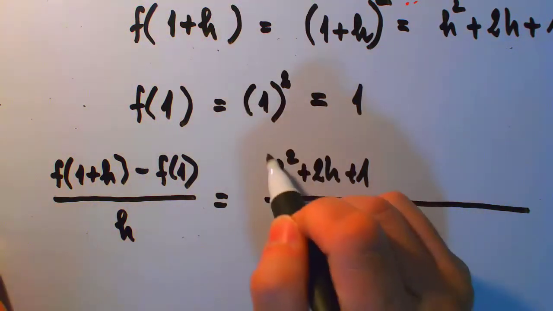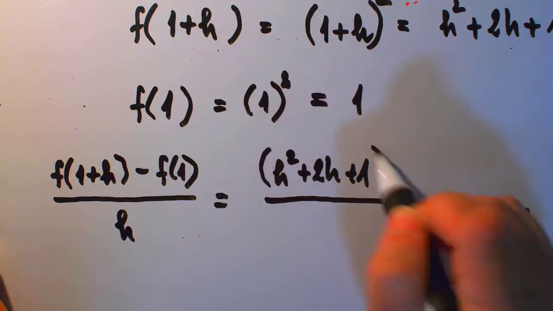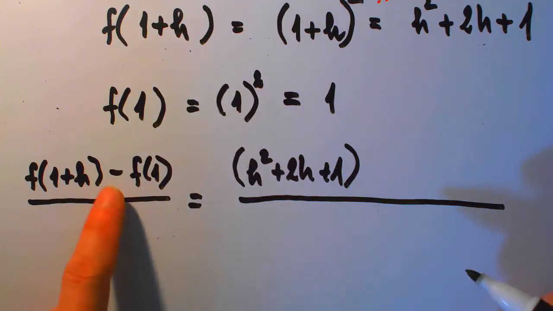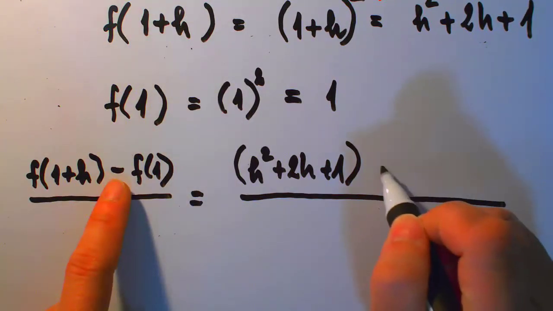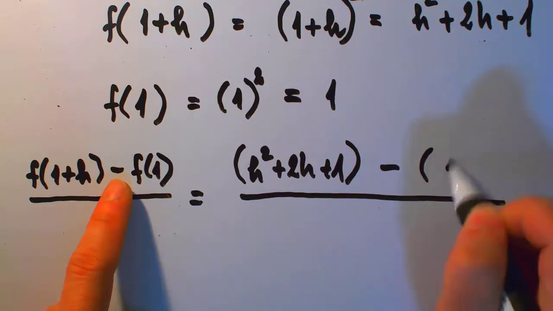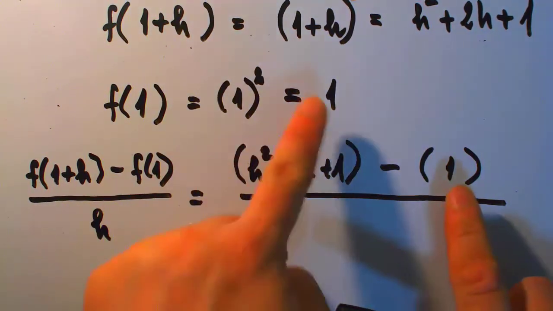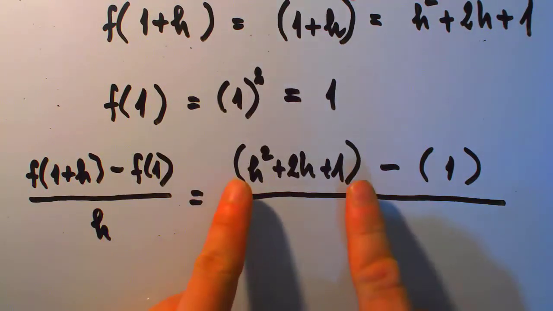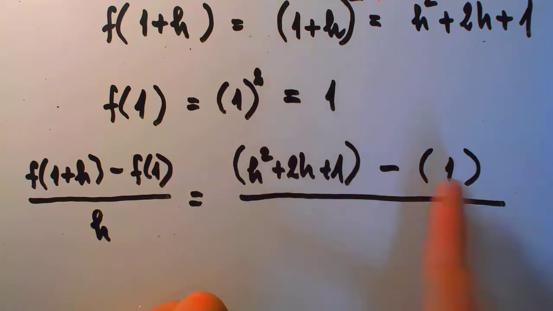Consequently, I have all that inside a set of parentheses. Now minus f of 1, I am going to produce a minus 1, because 1 was the output value for f of 1. And so the setup says this is f of 1 plus h minus f of 1, over h.